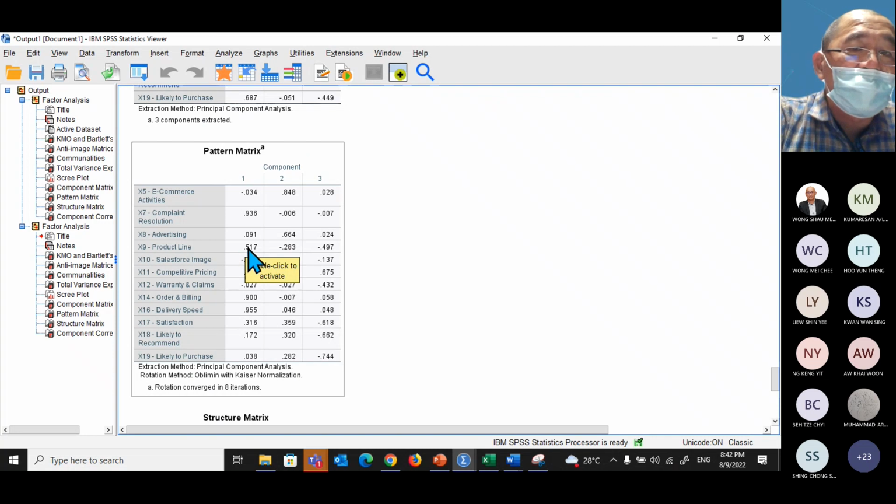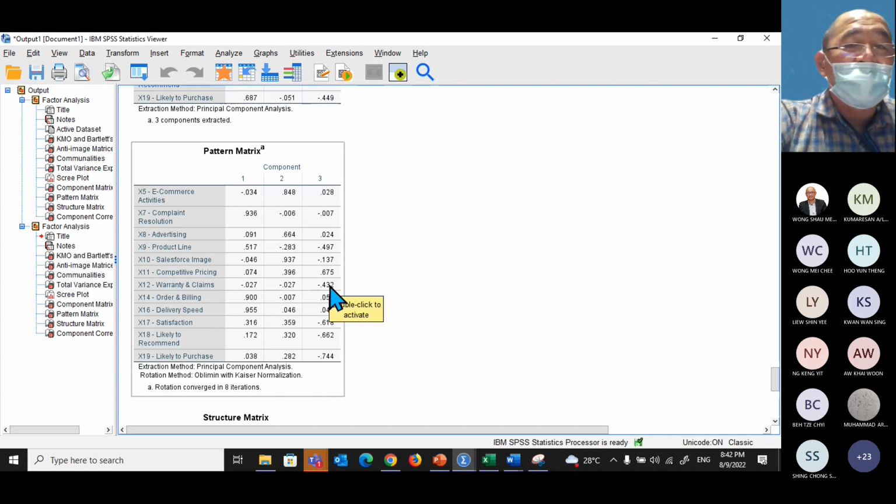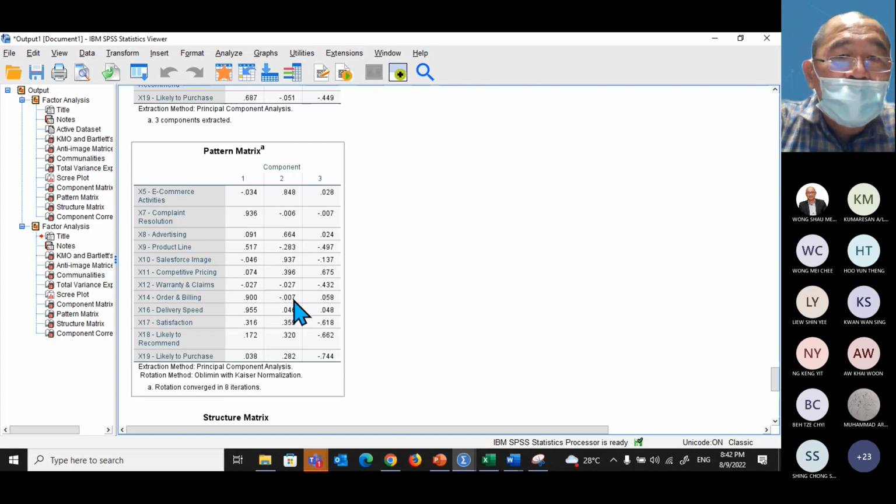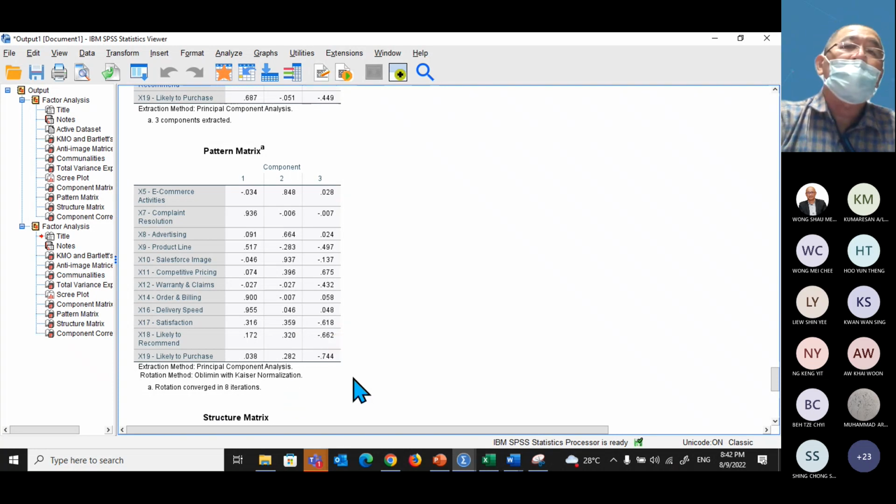The product line is still quite similar, 0.5 and also negative 0.497. This one is quite small, below 0.5. As I mentioned, use absolute value, but it's still below 0.5. This one is quite obvious, quite high, negative 0.6. Then we can do again and ask the software to give us 5 factors, and do some comparison.